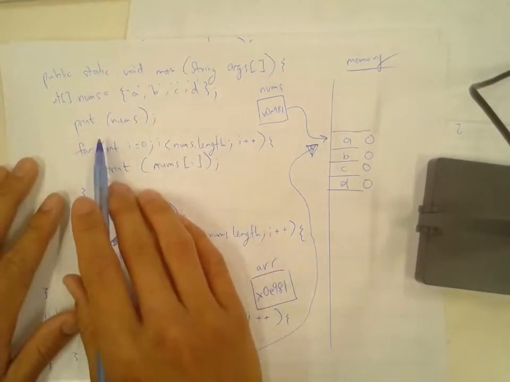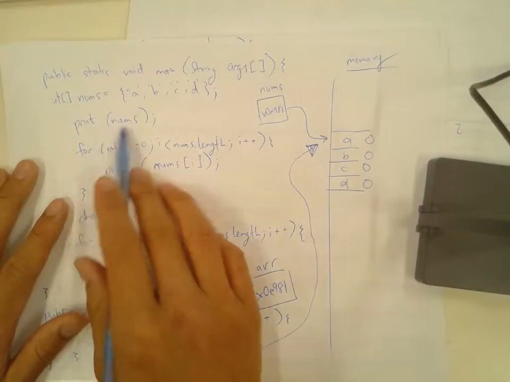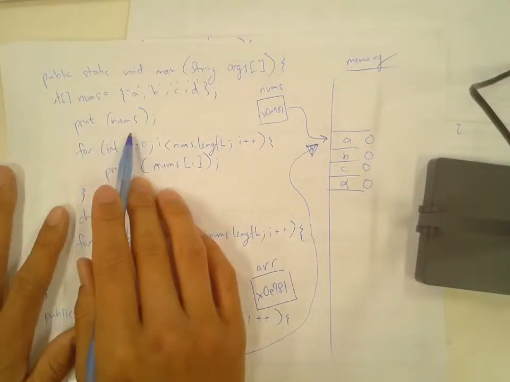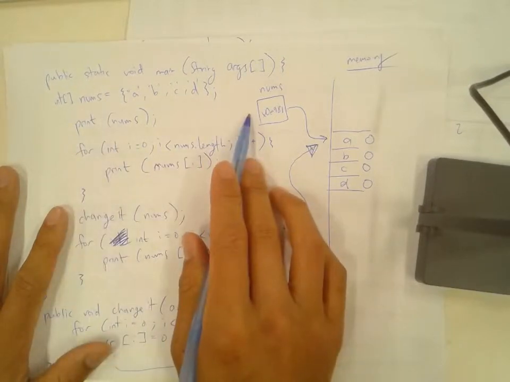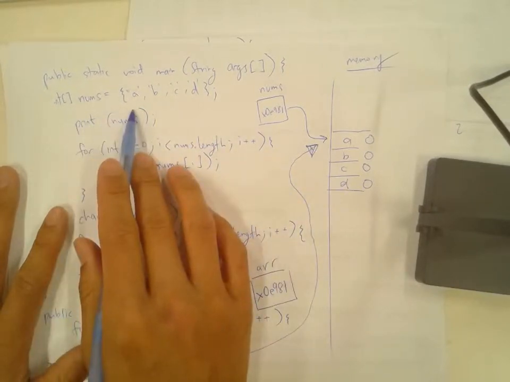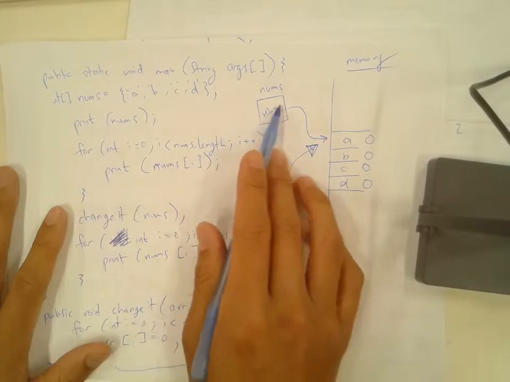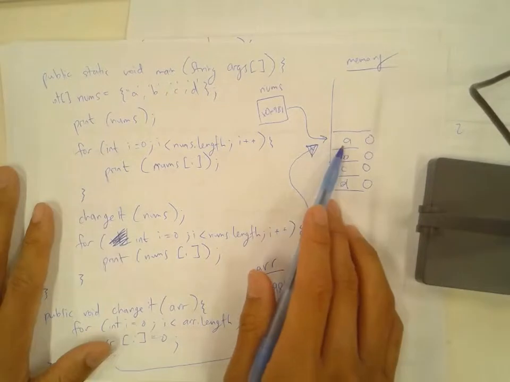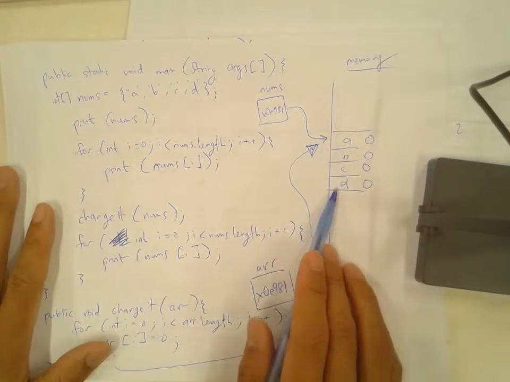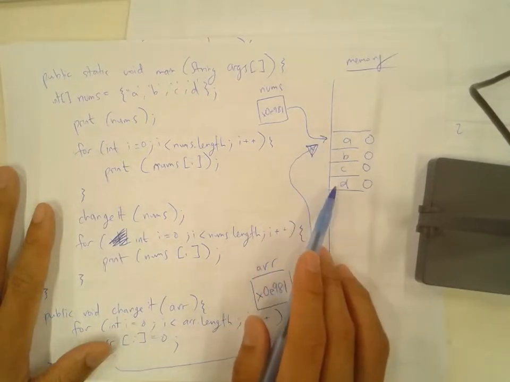Right? So the next thing we do is print nums, right? And what is it going to print out? Well, if we have this variable called nums on line number 1, it is set equal to a memory location, right? And that is the place in memory where the contents of the array are stored. This would be indices 0, 1, 2, 3.